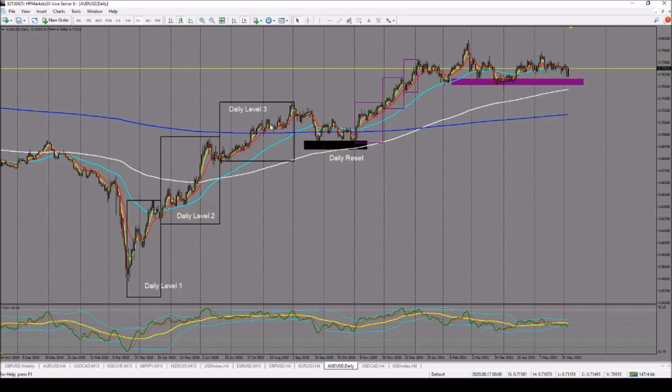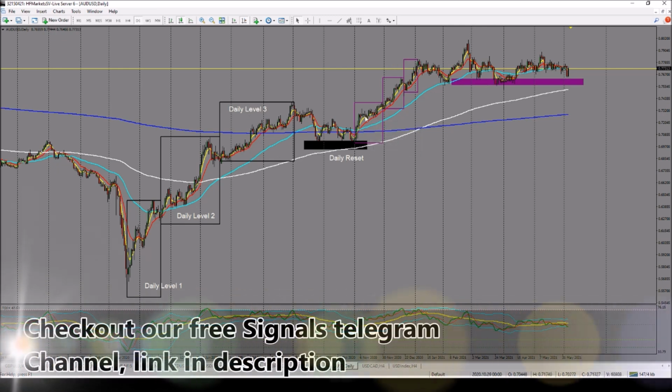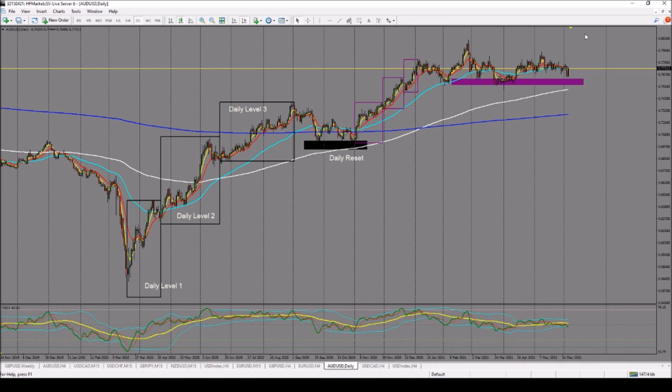After the completion of this cycle, we now anticipated the daily reset, and the daily reset was actually issued at this zone. From this zone, we can see that we have been issued 3 H4 levels, which are equivalent to 1 daily level. Therefore, we now have a daily level, and we are expecting 2 more daily levels of this manner to complete the cycle.